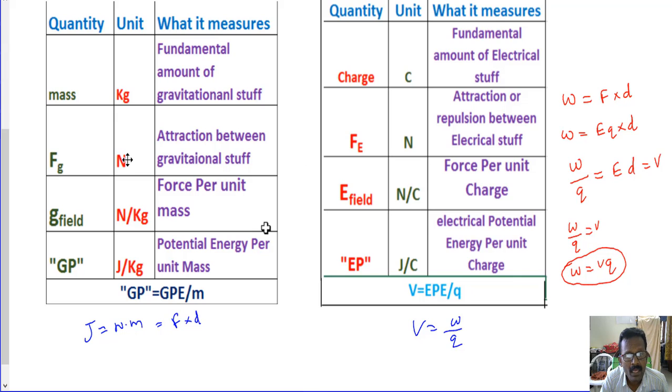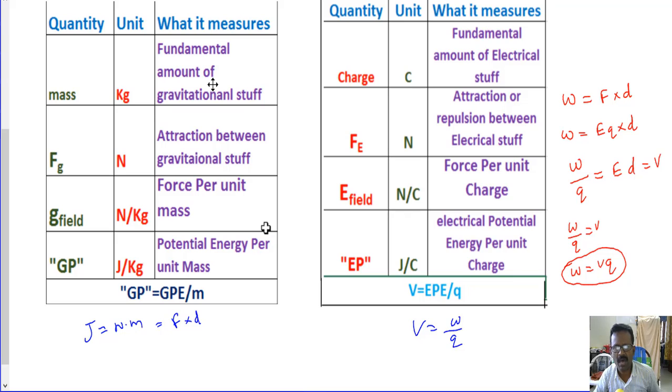Both have the unit of force, Newton. Then the gravitational field and the electric field. Here gravitational potential, and here I have given electric potential. Let me explain every row.